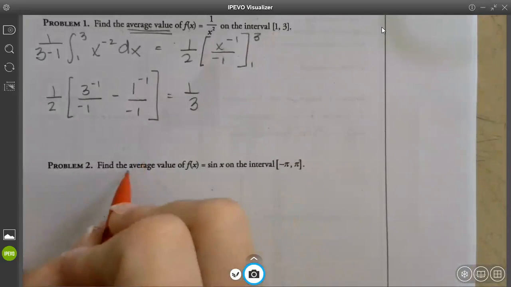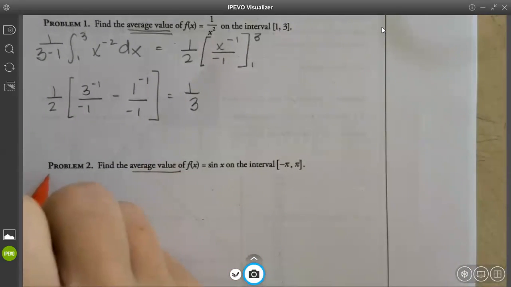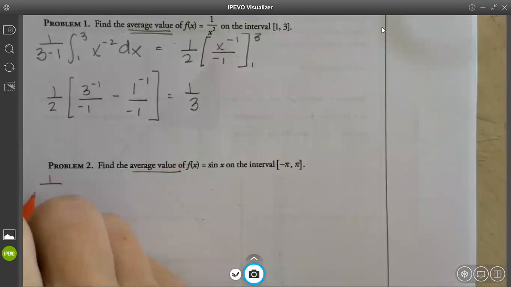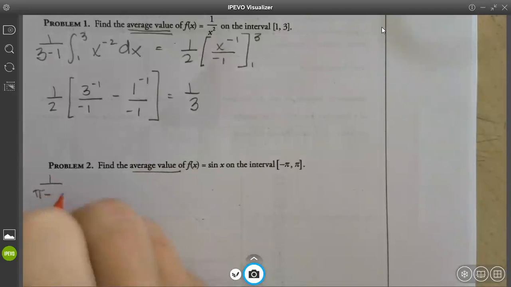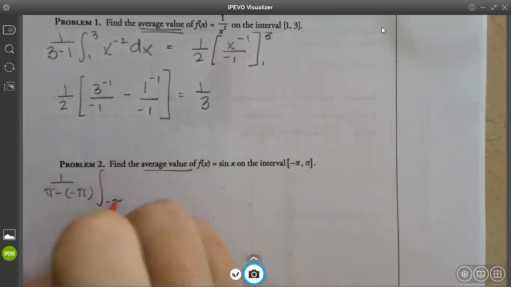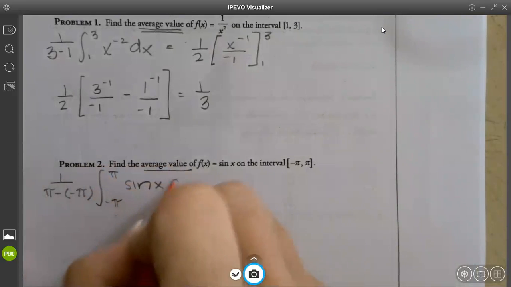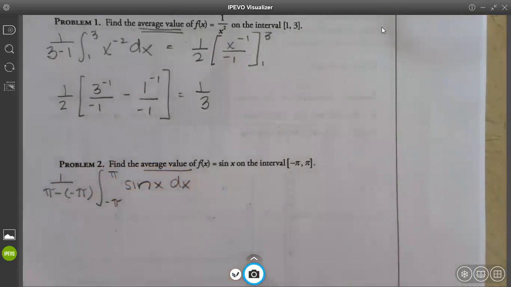Find the average value, we're doing it again, of sine x on the interval from -pi to pi. So what do I start with? What is your b? Minus, what's your a? Which will change that into plus, so it'll be 2 pi. We're going to have 1 over 2 pi times the integral from -pi to pi of sine x dx.